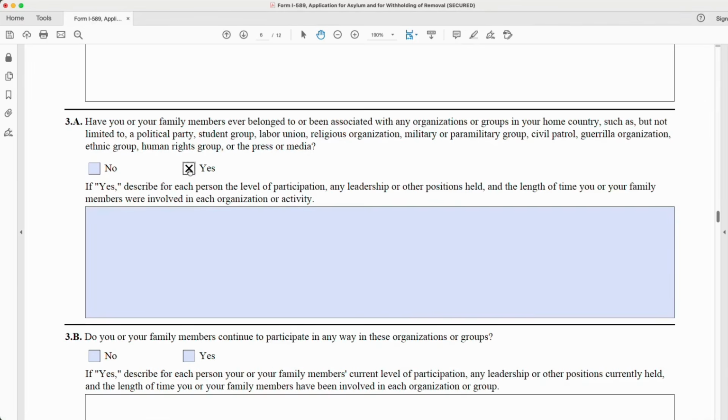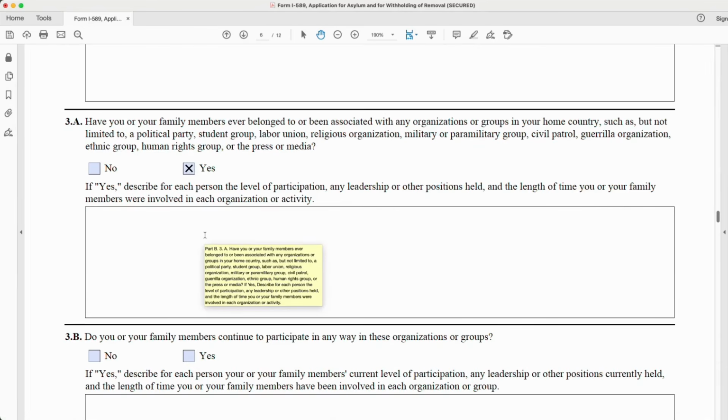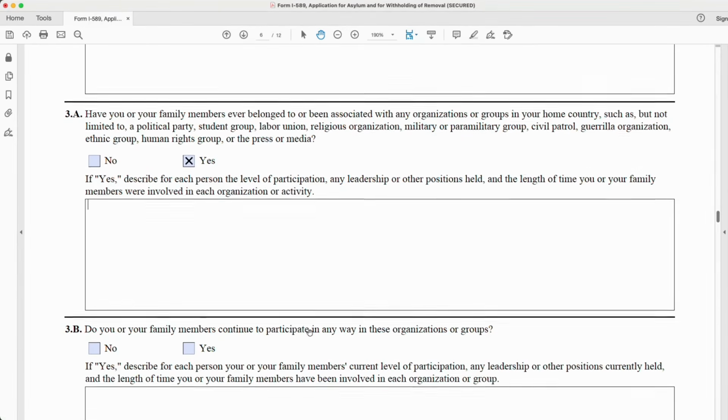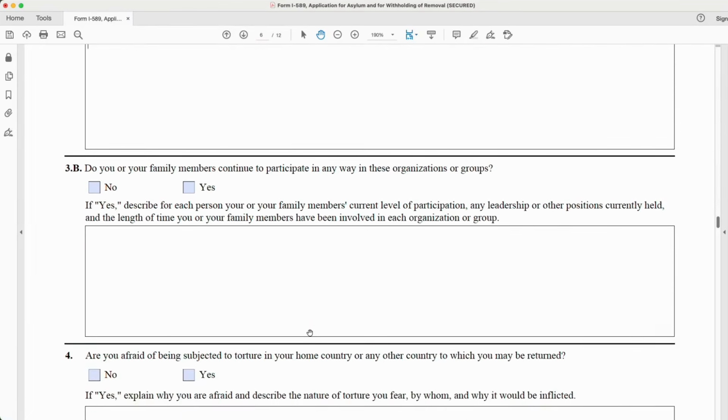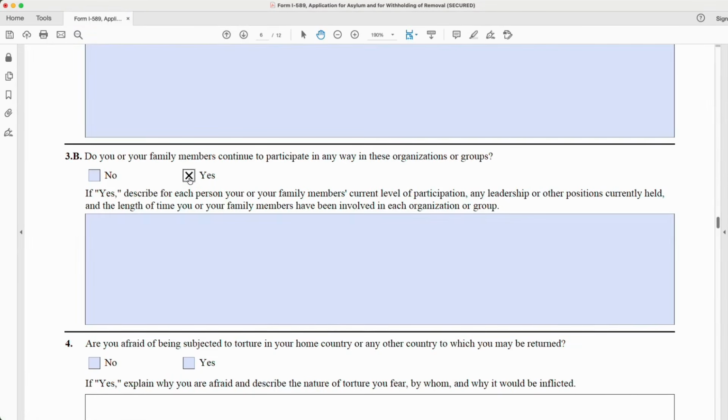For example, if you were a member of a political party or labor union or religious group, you can check yes and provide information about your participation in the group in the space below, including the level of participation, length of participation, and any positions held. For question 3B, check no if you no longer participate in the groups, and yes if you do. If you check yes, explain your current level of participation.